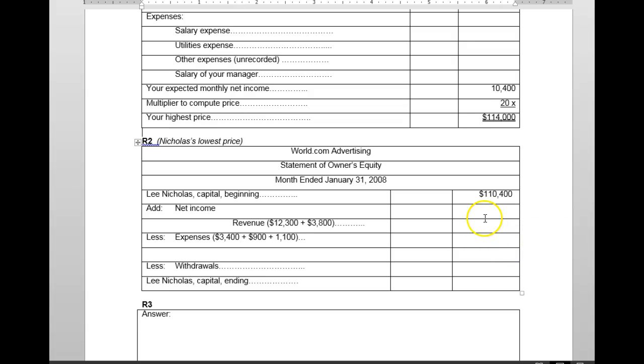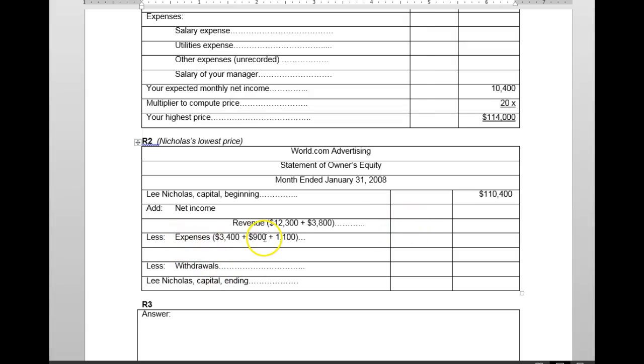Well, you've got to add your net income, which is going to be, now you have to remember, it can't be the one that you did on top, at the very first, because that includes your manager's salary. What you're going to look at is the revenue of $12,300 plus the $3,800.